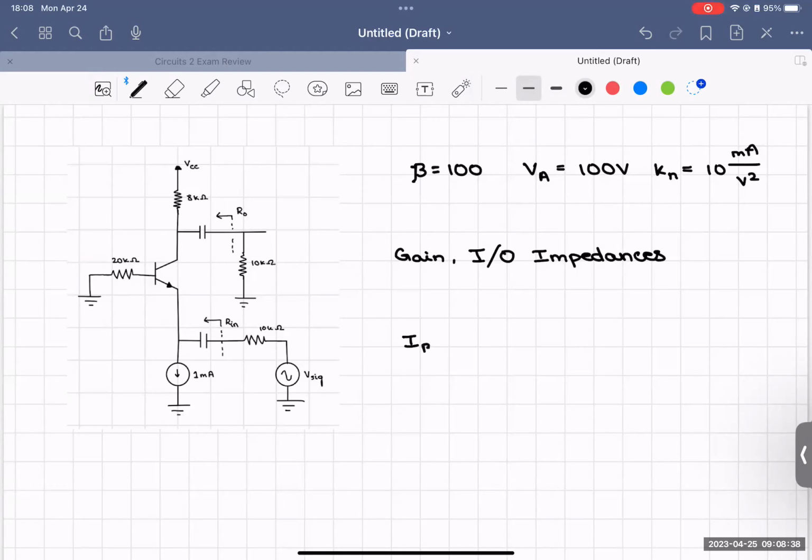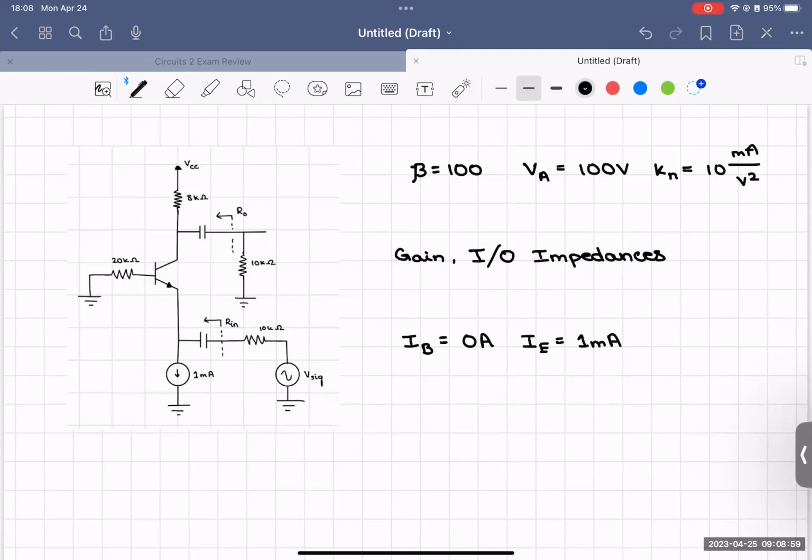So IB, the base current, is 0 amps, and we know the current at the emitter, IE, is 1 milliamp as given by that source.